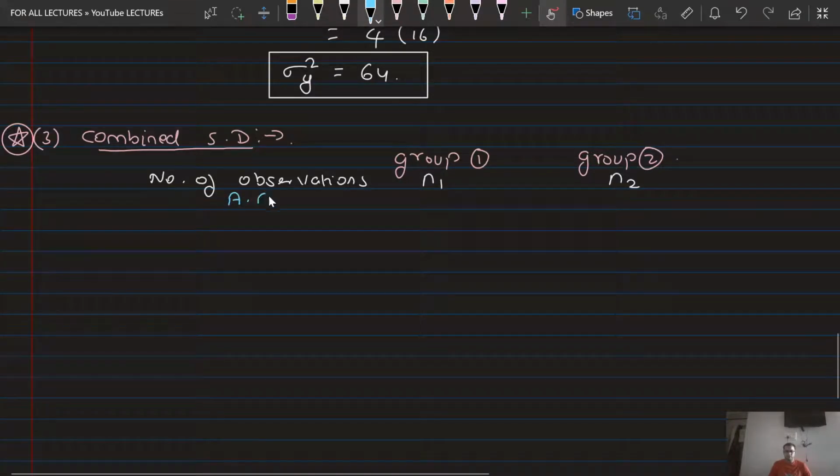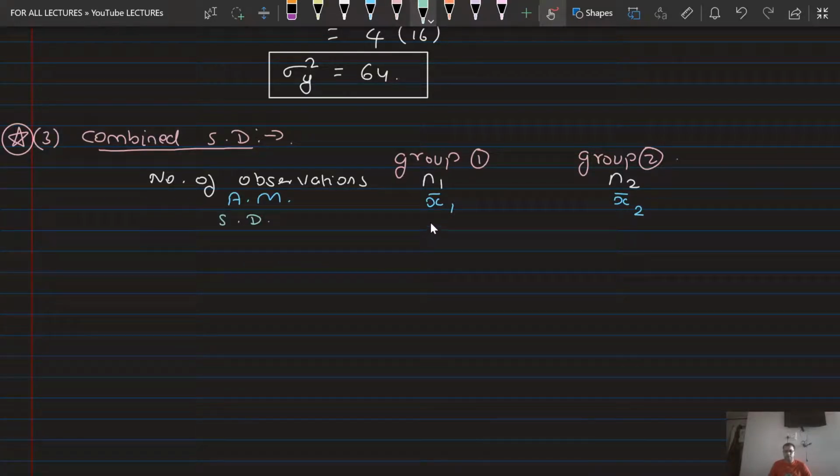Their corresponding arithmetic mean values are x bar 1 and x bar 2, that is known to us, and the corresponding standard deviation values are sigma 1 and sigma 2. All these points are given to you in the question. You have to find out the value of combined standard deviation. It means that you have to find out the standard deviation of the two groups together.